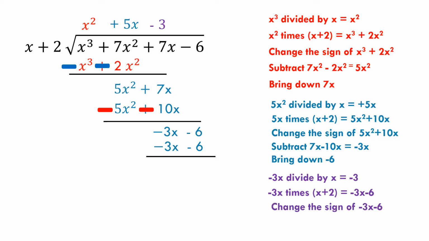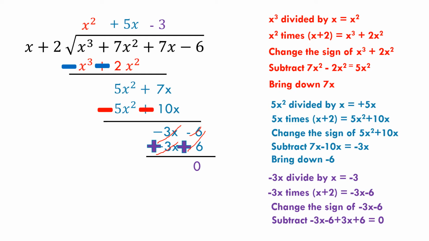So when subtracting, you change the sign of the subtrahend. The negative becomes positive. Since the signs of negative 3x and positive 3x are different, it becomes 0. And negative 6 plus 6 will also give us 0. So here, the remainder is 0.